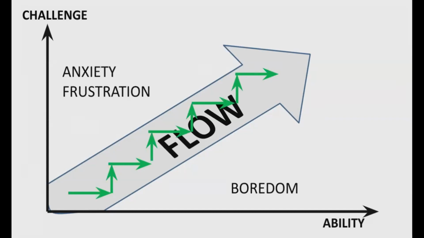Likewise, if a group is frustrated because it's too challenging, you can either decrease the challenge or increase their ability and get them back into flow and get them back working on the problem. So that's my job. I say this all the time: your job is to work the room. Once you get them working on tasks, you work the room, right?